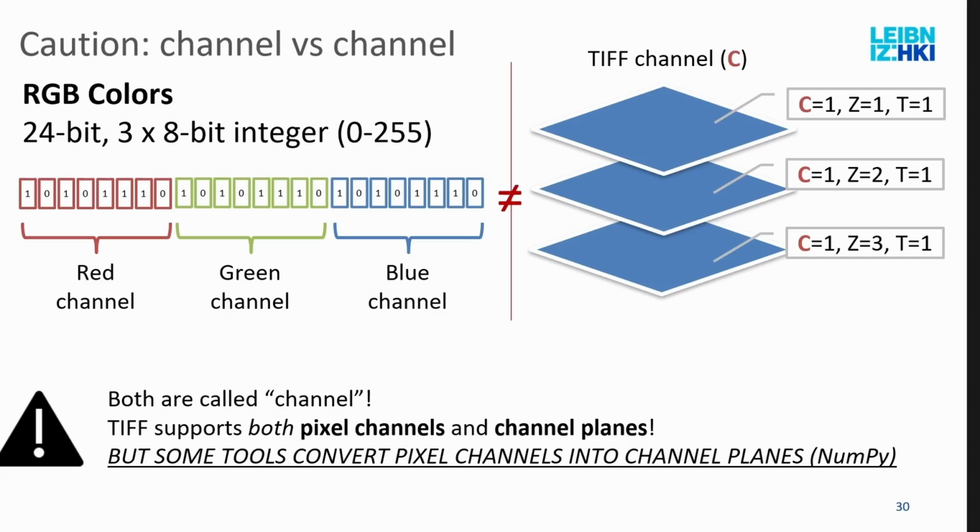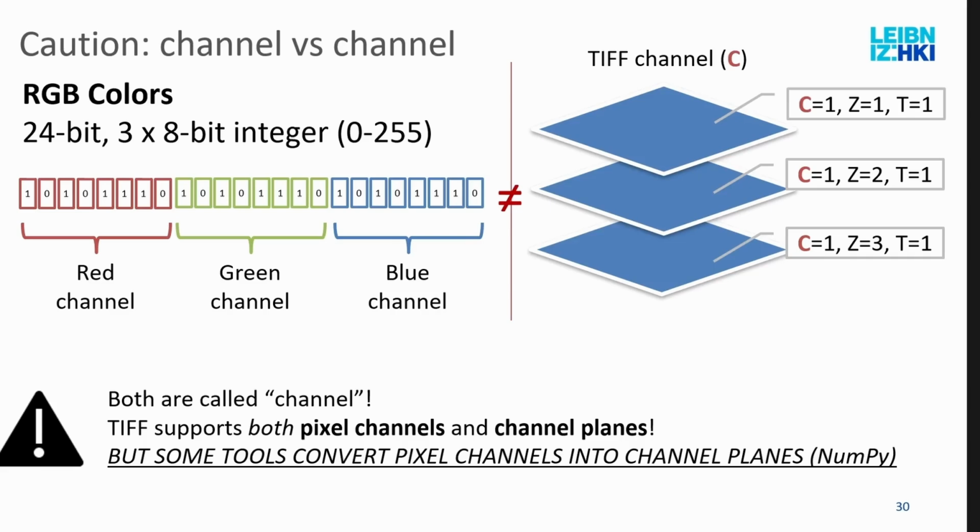But in general, with scientific processing, you hopefully don't work with RGB images, because you have only 8 bits per RGB channel, so you lose a lot of information. You generally work with images where each slice is a 16-bit or 12-bit image, and then they are organized in this structure that is called a channel.